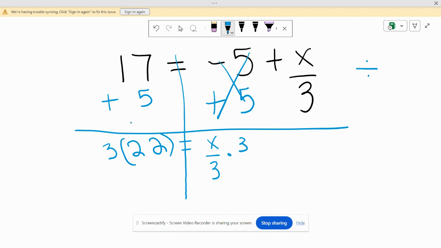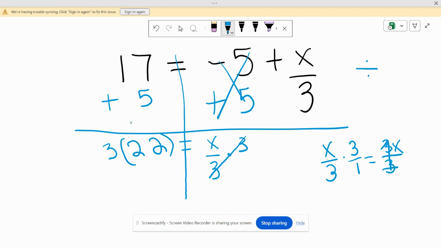When I multiply x over 3 times 3, these 3's simplify to 1, because really what's happening here, if I have x over 3 times 3, that's the same as x over 3 times 3 over 1, which would be 3x divided by 3, and then 3 divided by 3 is 1.